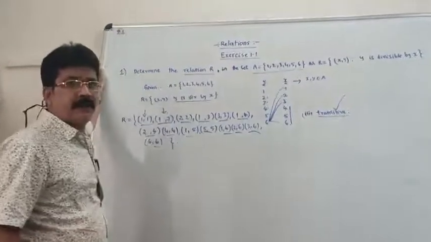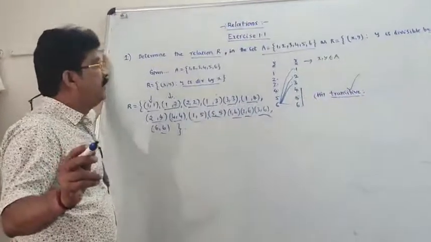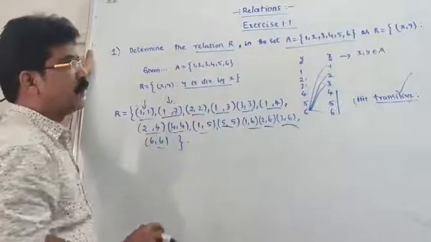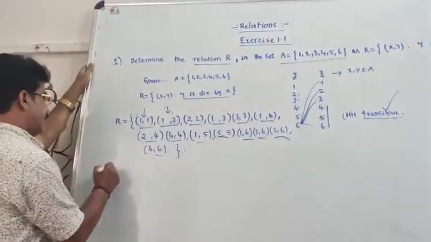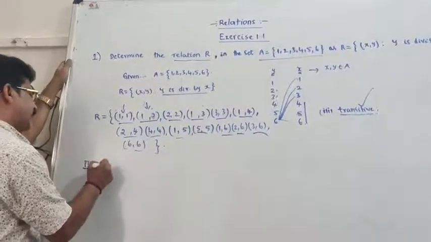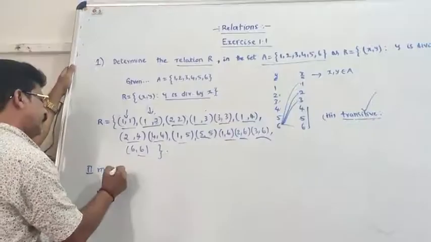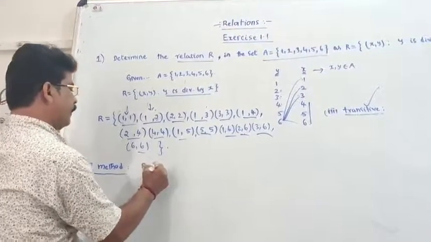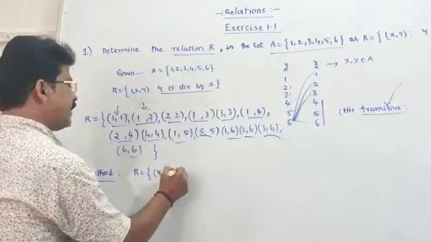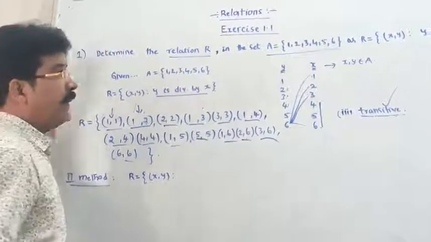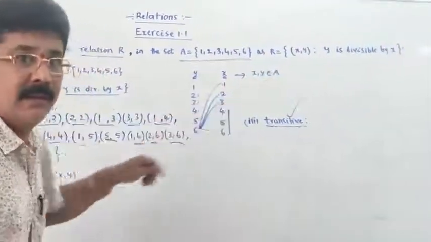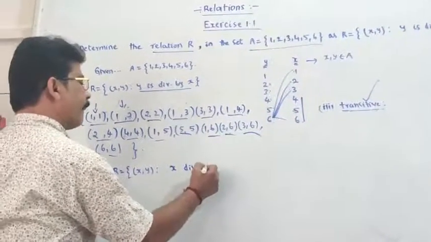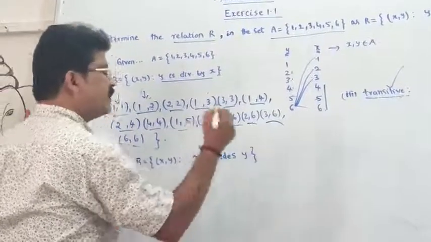Next, I wish to introduce the second method for the same question. Capital R is equal to the set of (x, y) such that y is divisible by x, meaning x divides y.